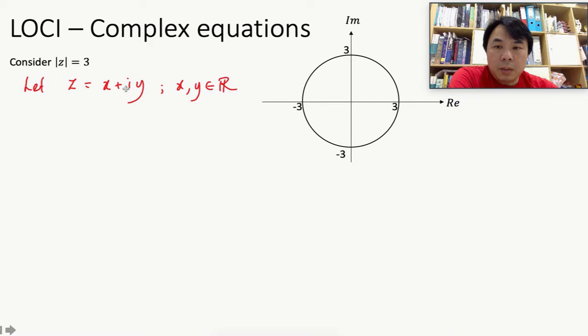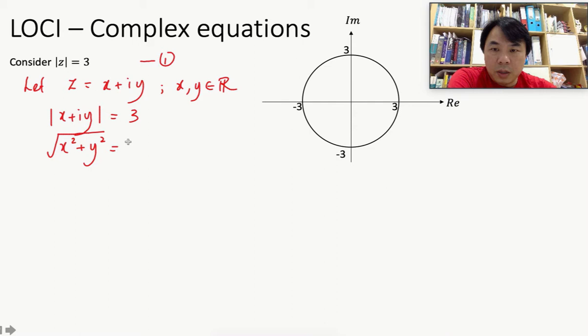So we're going to substitute this into the complex equation. That will be modulus of x plus iy is equal to 3. And by modulus, it means the square root of x squared plus y squared is actually equal to 3.